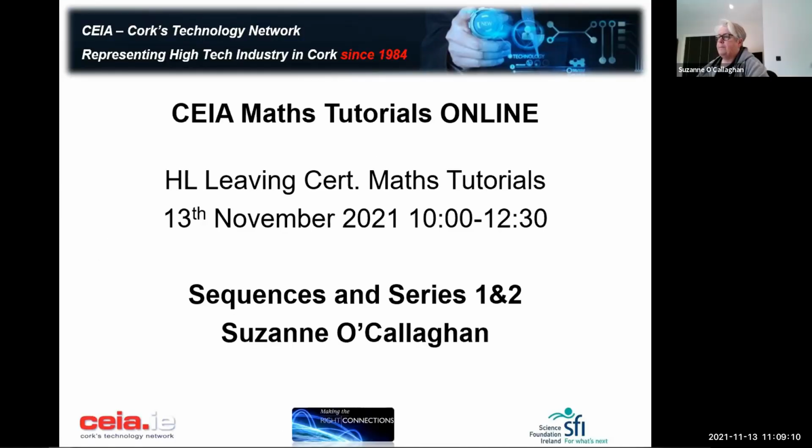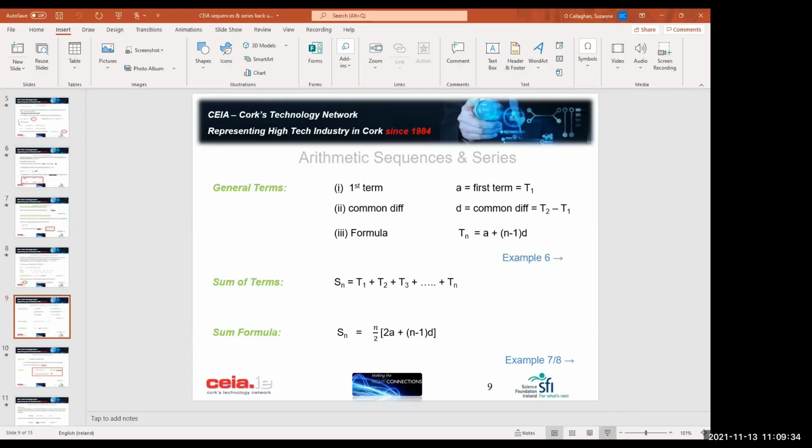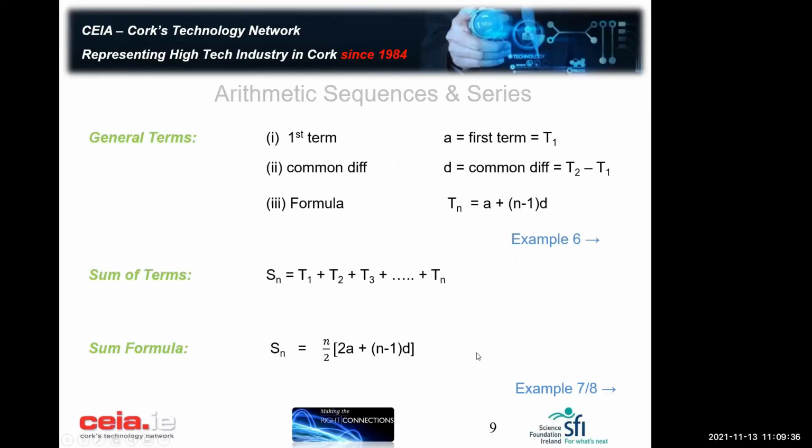Hello and welcome back. So in the last question, we used the general terms of a, d, and Tn in order to solve a question. And now we're going to move on to another formula that you will add to that, which is a formula for the sum of terms.